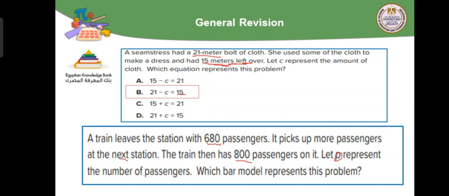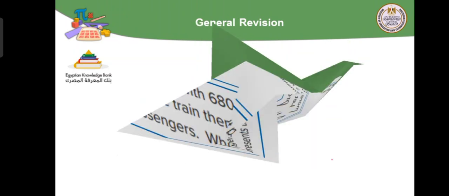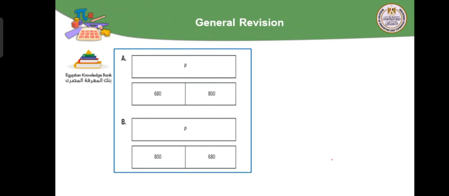Which bar model represents this problem? Let's see. Don't forget the beginning number of passengers, 680. Then at the next station, 800. So it increased. Okay, and we need an equation to find B. Look at here.